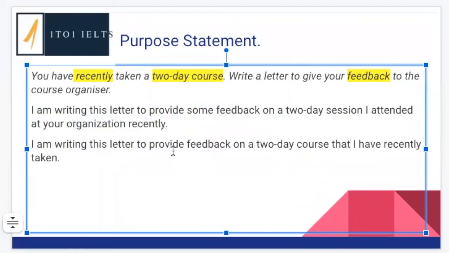Something I like maybe a little bit more with this one than this one, and can anyone tell me what it is? Both of them are correct. And I'm thinking about grammar. What is slightly better about the grammar in the second one than the grammar in the first one?